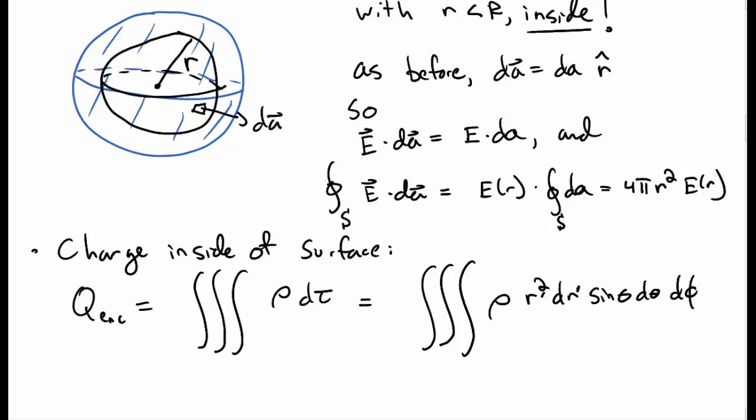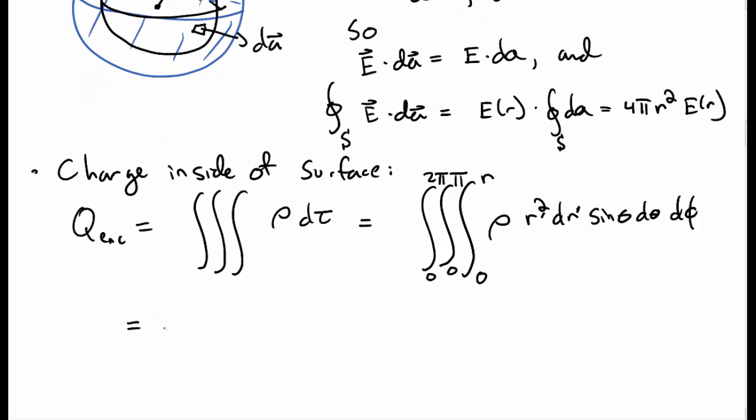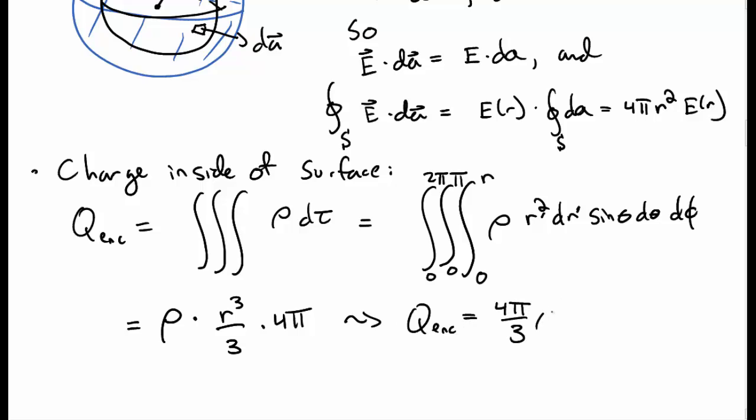And the limits, well, we should write primes on those r's. The limits go from 0 to r for r prime, 0 to pi for theta, and 0 to 2 pi for phi. So these integrals can be done, and you get rho times r cubed over 3 times 4 pi. Or Q enclosed is just equal to 4 pi over 3 rho little r cubed.